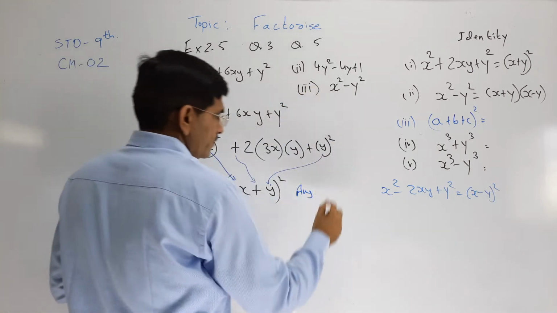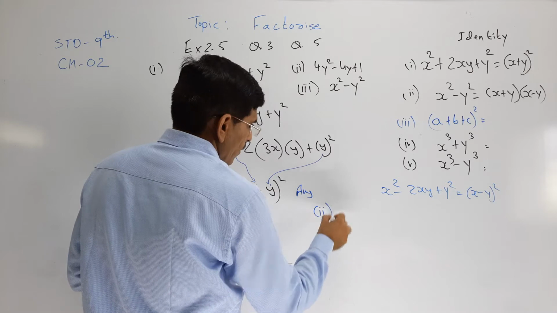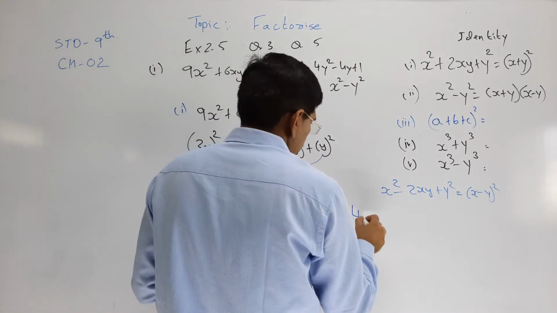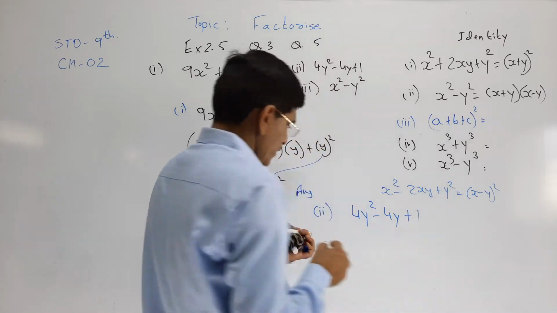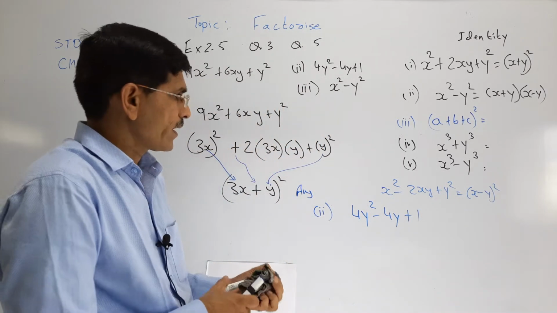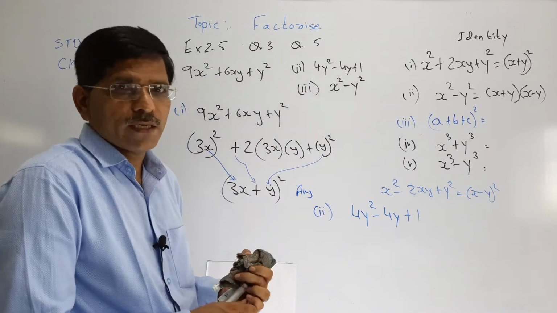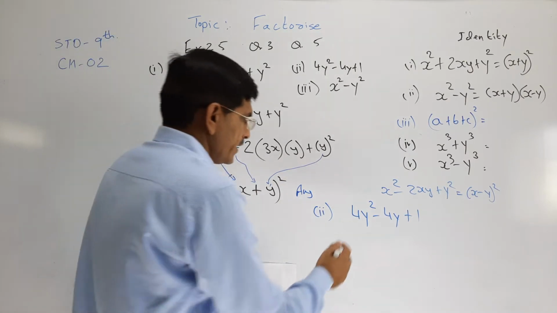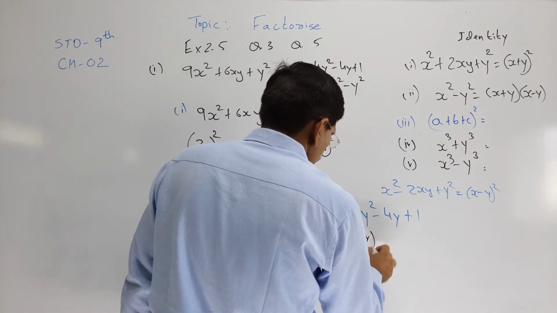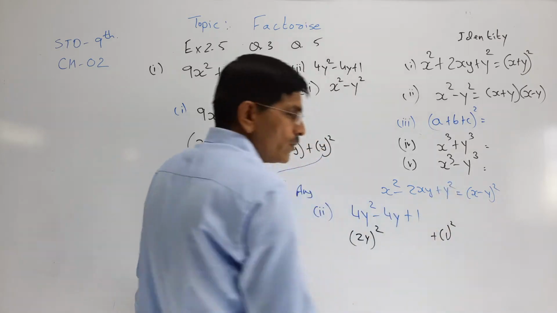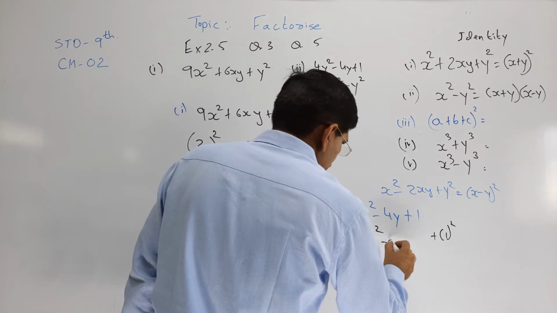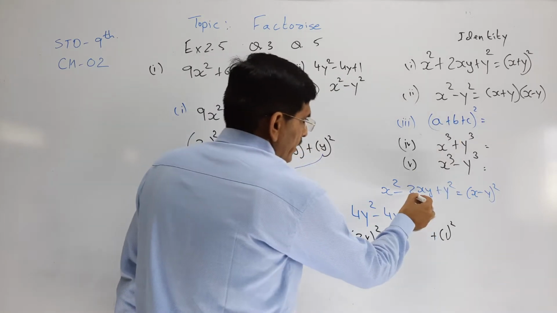Now the second sum: 4y square minus 4y plus 1. Again it is the square of 2y whole squared, the last term plus 1 whole squared, and the middle term has the minus formula, here 2.